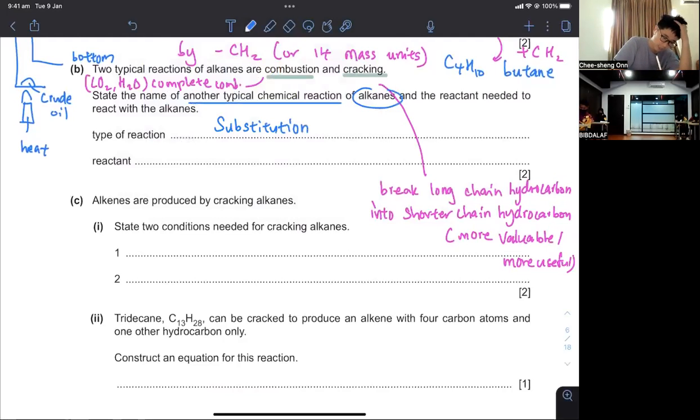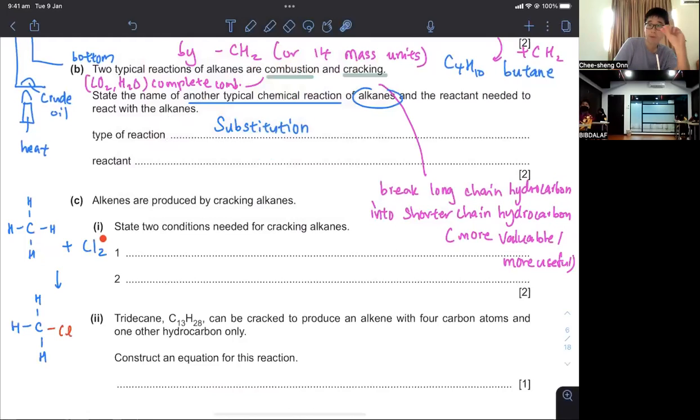For instance, you have CH4 and you add Cl2. You will replace one of the hydrogens with a chlorine, any of these hydrogens, and you will be left with HCl.